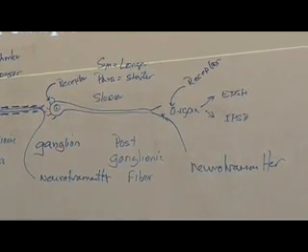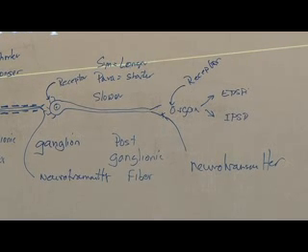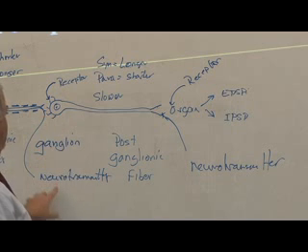So you can elicit a different response, an EPSP versus an IPSP, if you have different neurotransmitters, or if you use the same neurotransmitter but have different receptors. Okay? So the communication key is understanding the neurotransmitter, understanding the receptor. So that's what we're going to talk about now.